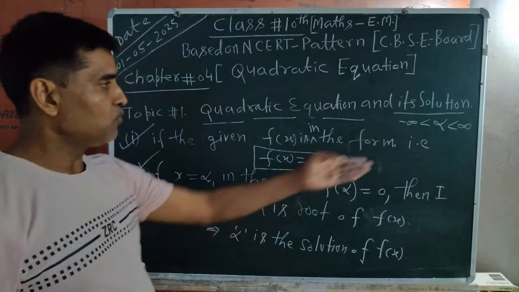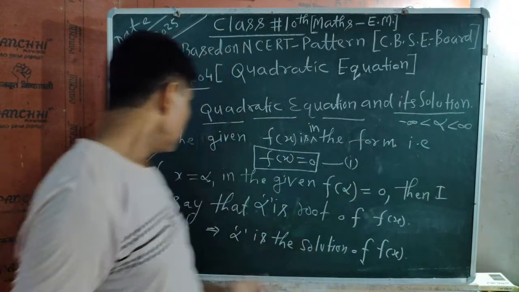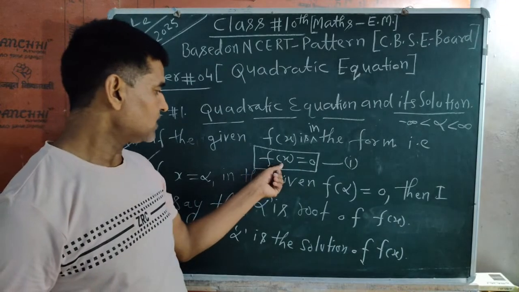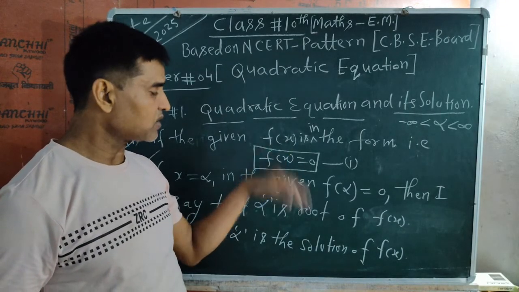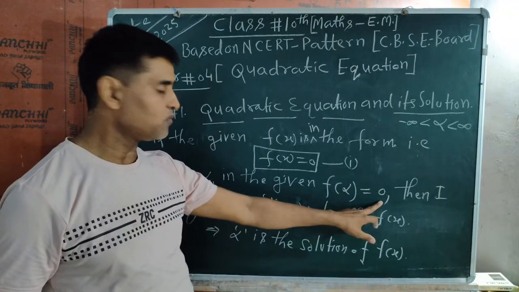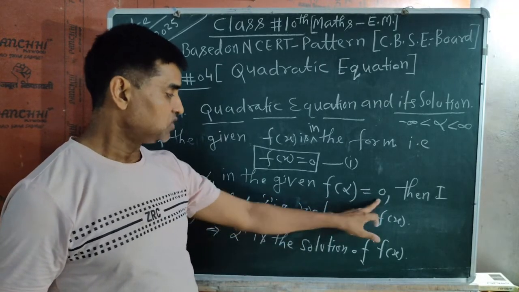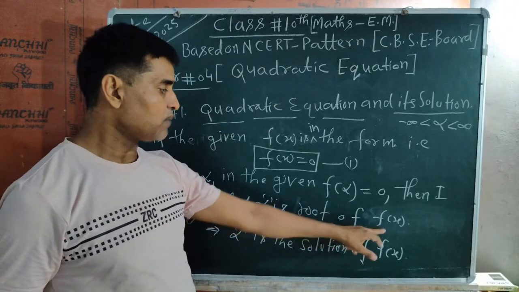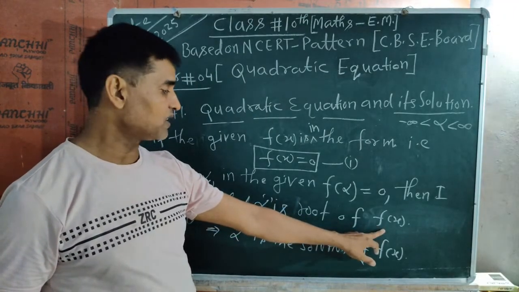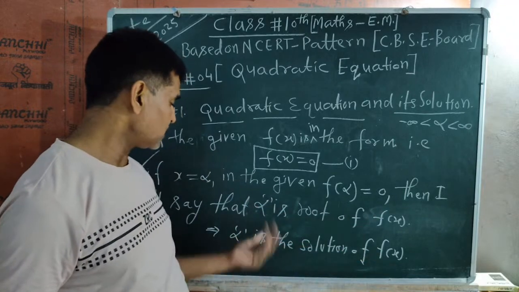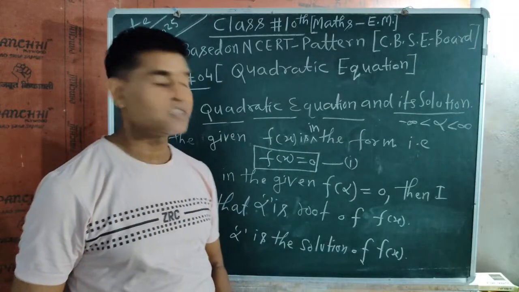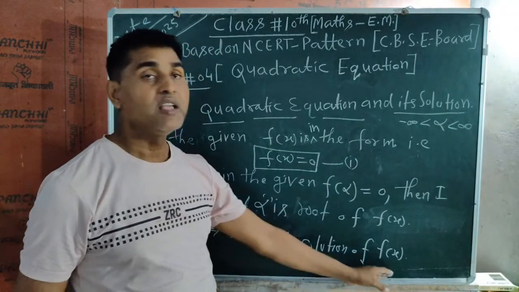So any value we will take from this domain. So the value of x I will put in the function, that is f of x, and after calculating we will get the value of f of alpha which is equal to 0. It means that alpha is the root of the given function or root of the given quadratic equation, or in other words we can say that alpha is the solution of that quadratic equation, or alpha is the solution of that function.